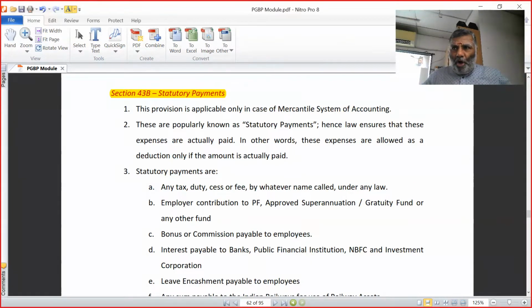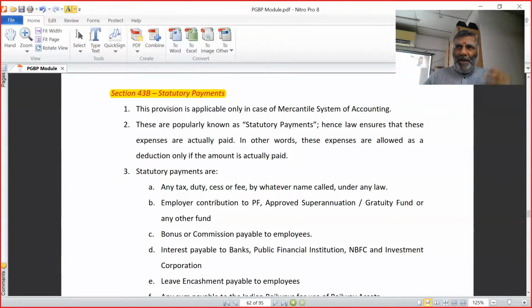Extreme left for government, in the middle for employees, extreme right for banks and financial institutions.